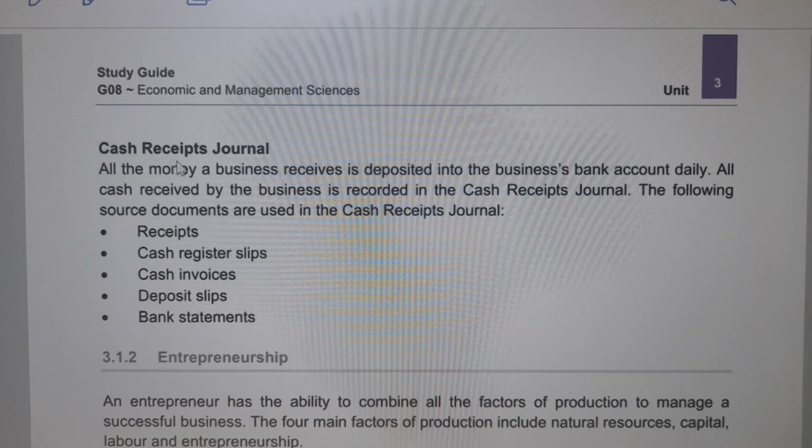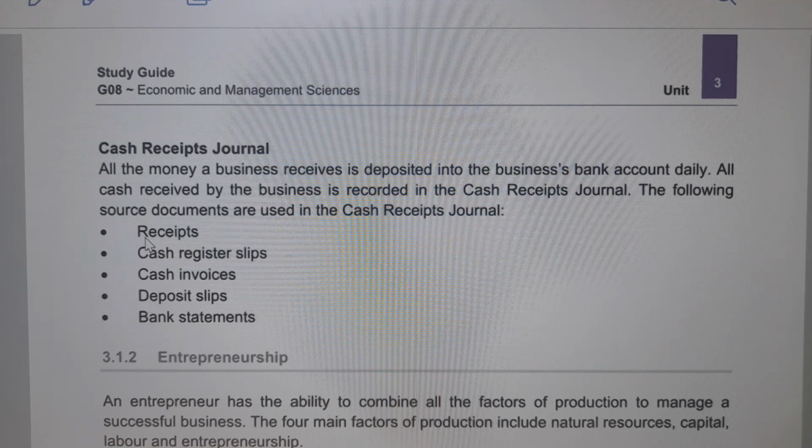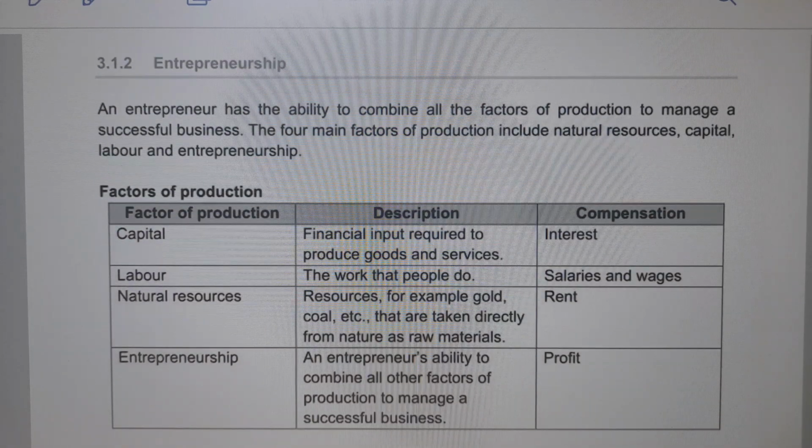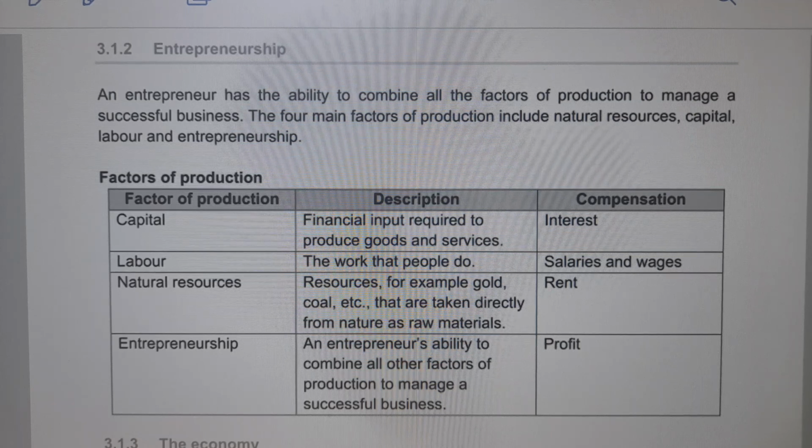So in a cash receipt journal table you have a document column where you have to put which source document it is, and you can decide which one it is from these five: receipt, cash register slip, which in abbreviation we say is CRR, cash invoices, deposit slips, and bank statements. Okay, that is what we've covered in a cash receipt journal.